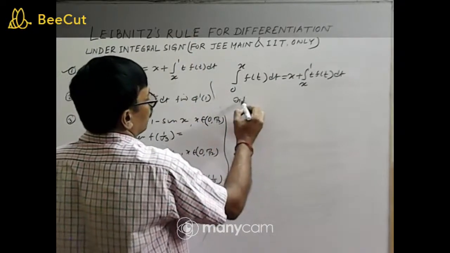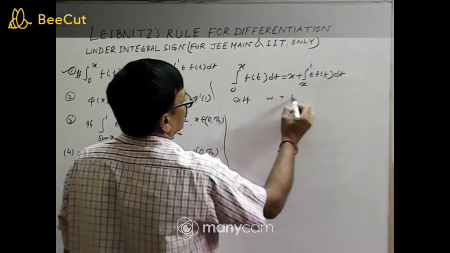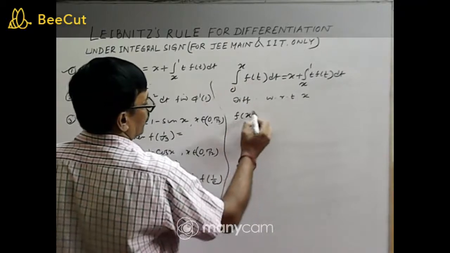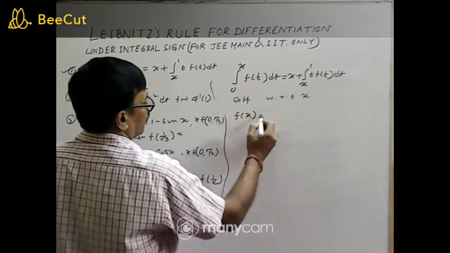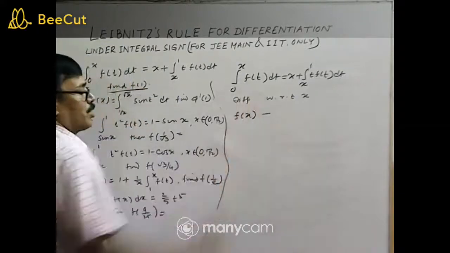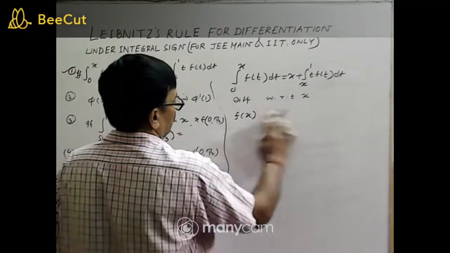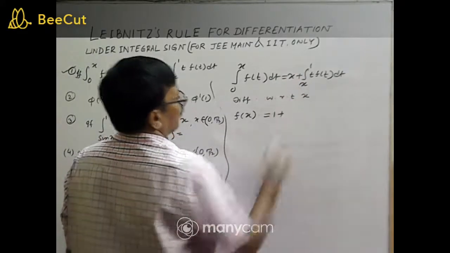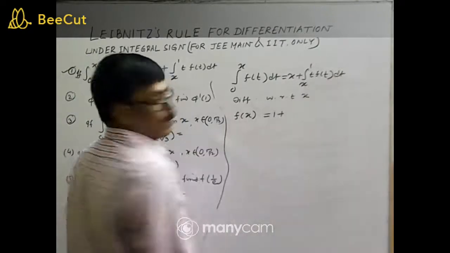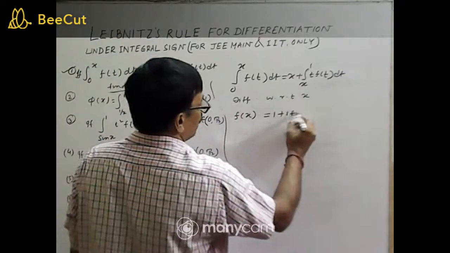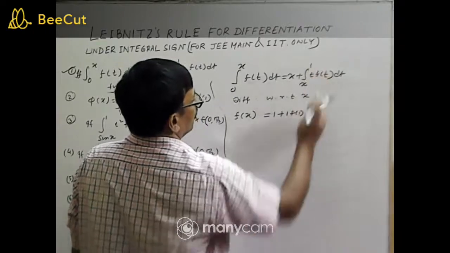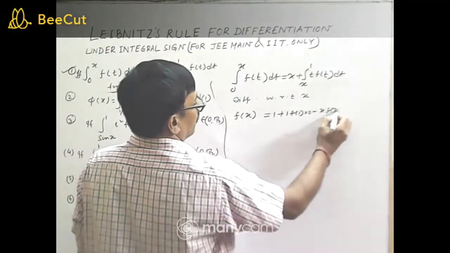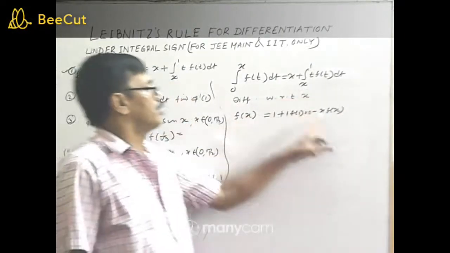Differentiating both sides with respect to x: f of upper limit, f(x), times d/dx of upper limit, which is 1, minus f of lower limit times 0, since the lower limit is constant. On the right, the derivative of x is 1, plus the integral term gives 1 times f(1) times d/dx of 1, that is 0, minus x times f(x), and the derivative of x is 1.